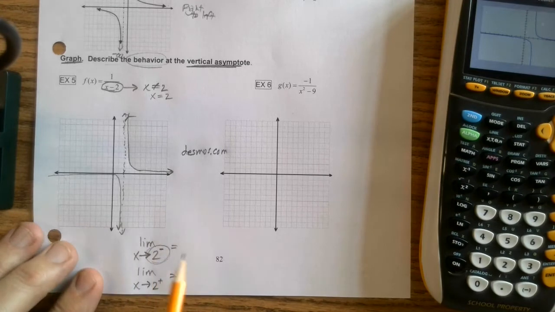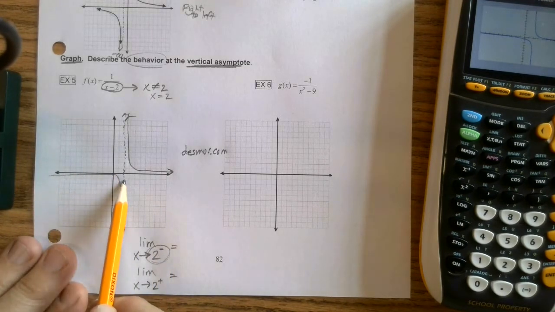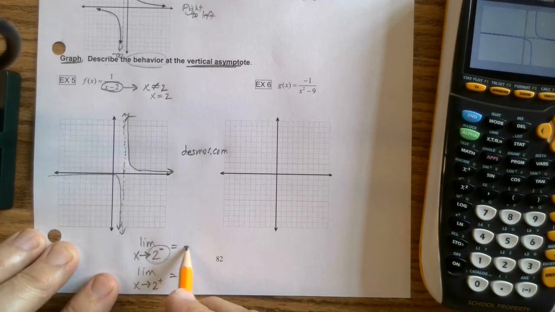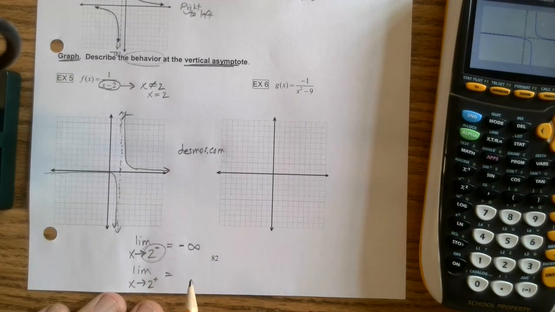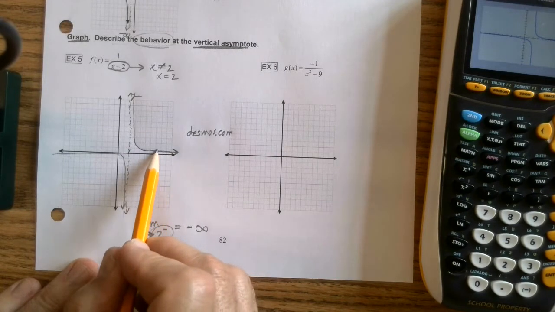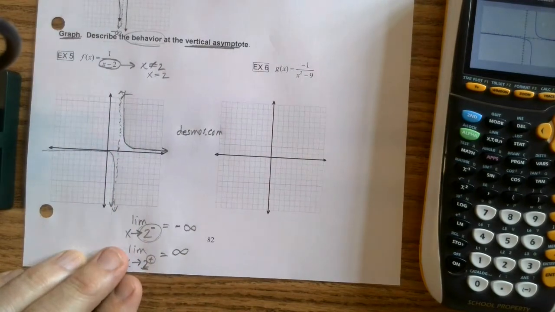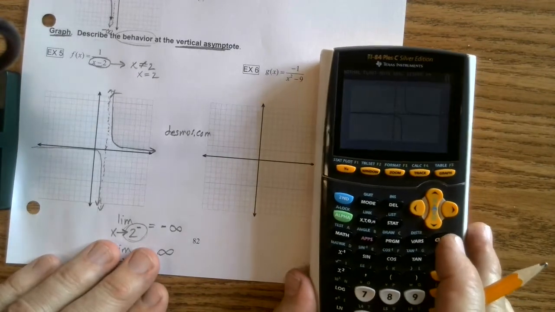In other words, we follow this left to right towards the 2 from the negative side, and it's going down. So that'd be negative infinity. Approaching the asymptote from the positive side means come here and then go up. So that would be infinity.